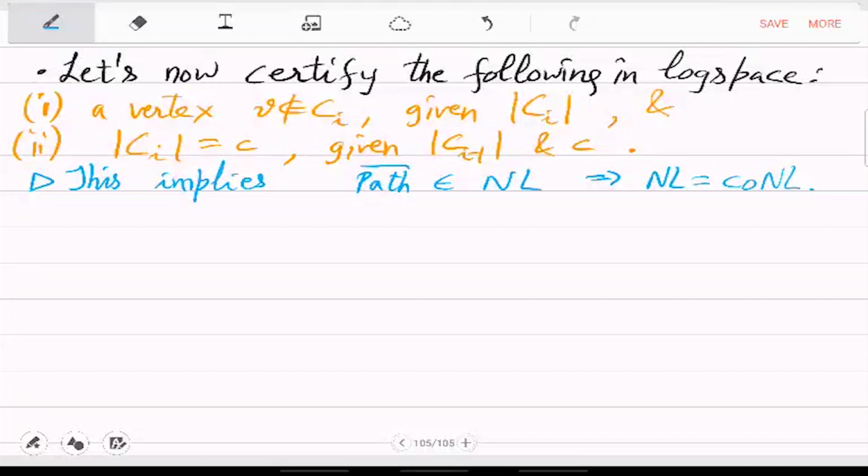So Cn minus 1, Cn minus 2, those guesses can be made. So by this non-deterministic log space machine, you can ultimately check whether T is not in Cn. So these 2 points, 1 and 2, is all we have to now verify. So let's do it.